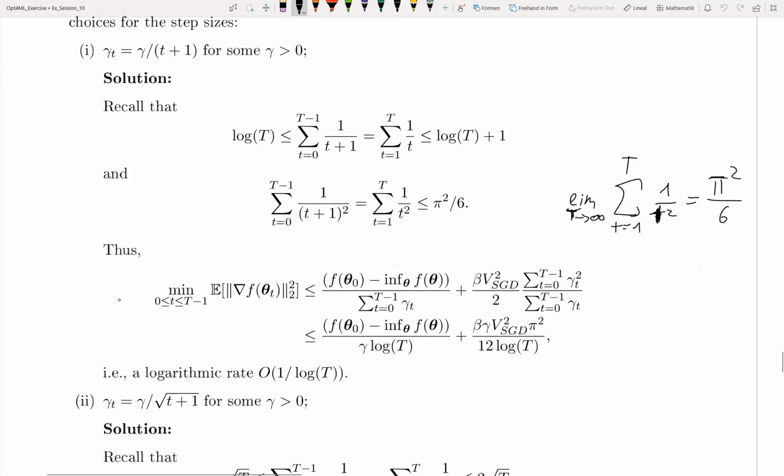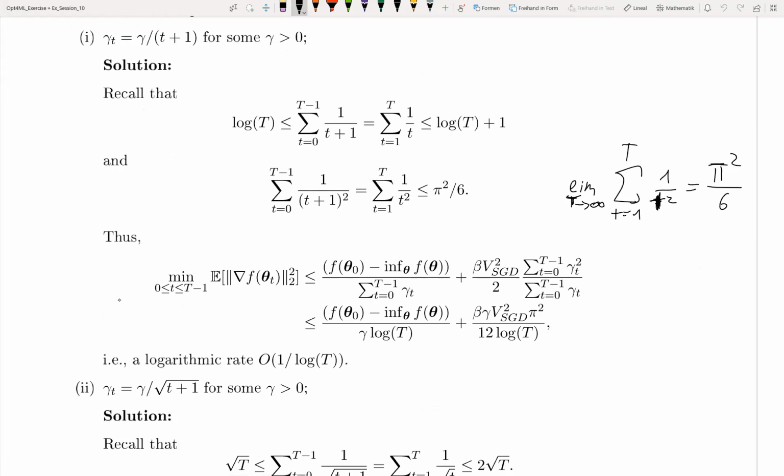All right, how can we use this now for our result we just had? So when we are in the case that the gamma t is of this form, then what do we get? Here in this denominator, we get gamma times the harmonic series actually.